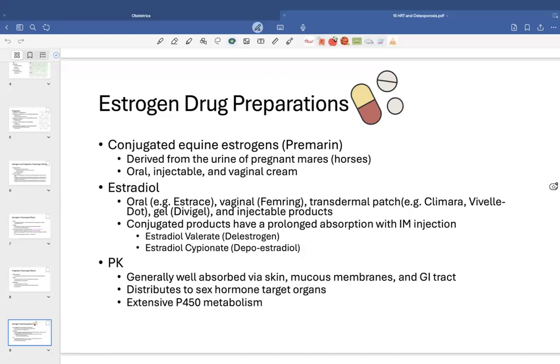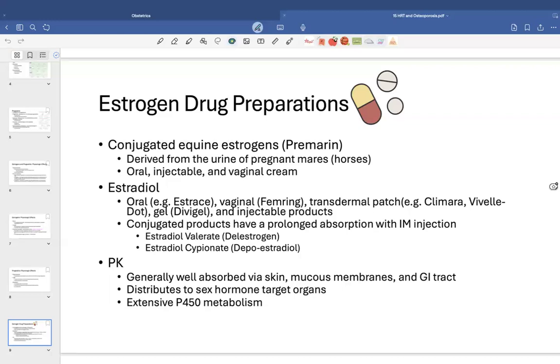Premarin, again, you have the oral, but also injectable. Premarin can be used, we see it a little bit in the emergency room for intractable vaginal bleeding. And then topical as a vaginal cream, again, as a way to bypass the liver circulation.